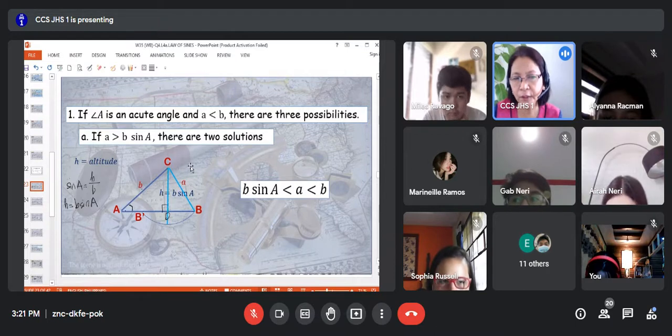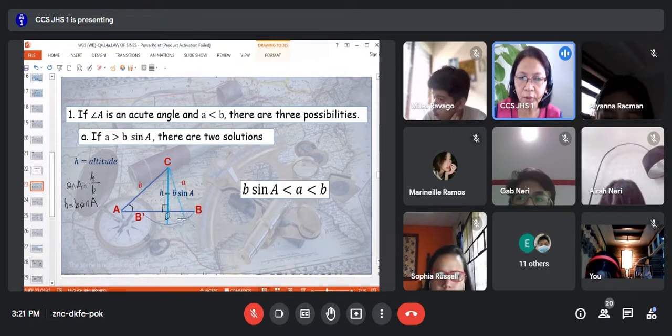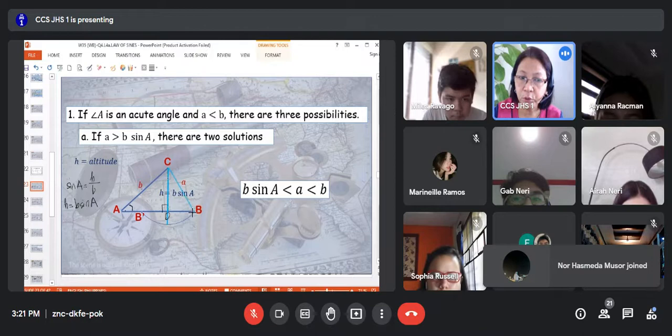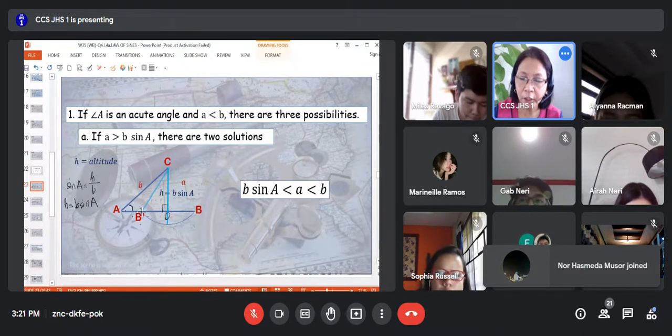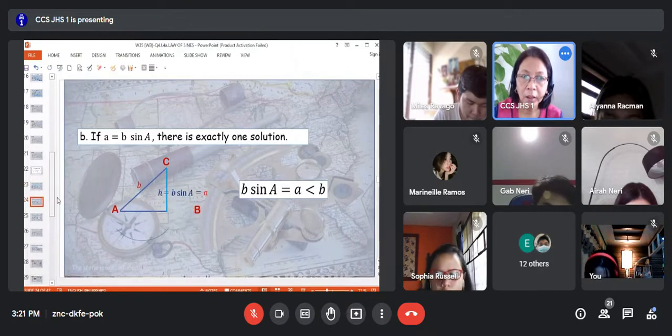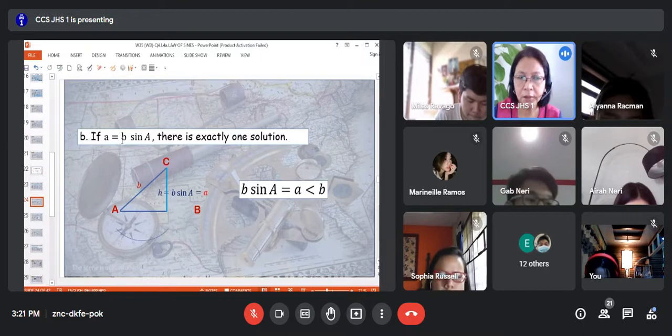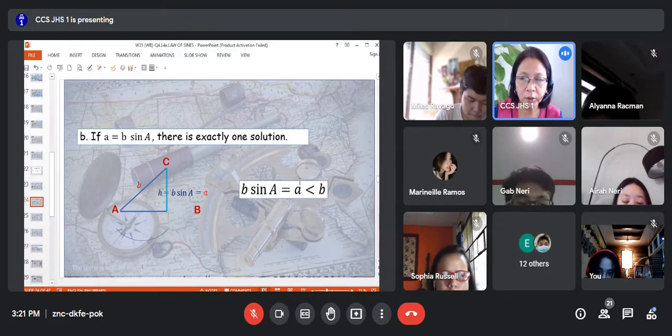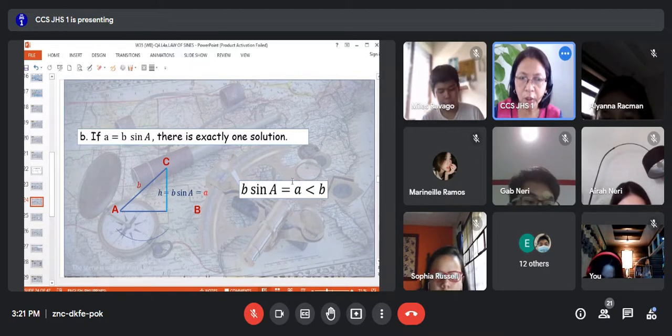From the sine ratio, our H formula is B, the hypotenuse, times the sine of the angle. So for the first case, if your A is greater than the H, longer than the H, but shorter than the B, you will have 2 solutions. You will have triangle ABC or triangle AB prime C. But if your A is equal to the altitude, you only have one triangle or one solution.